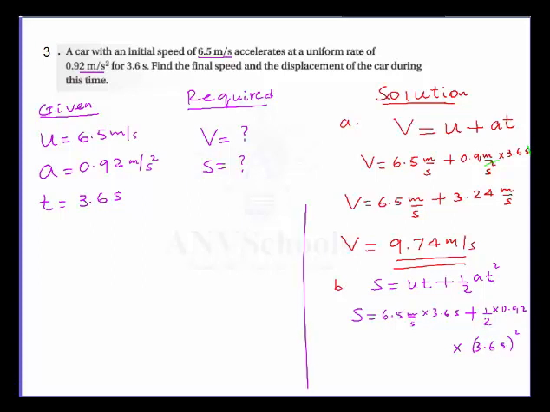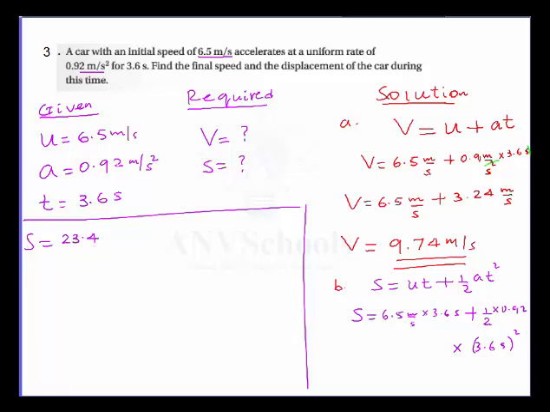Now I'll continue here. So the total distance is equal to 6.5 multiplied by 3.6, which is equal to 23.4.